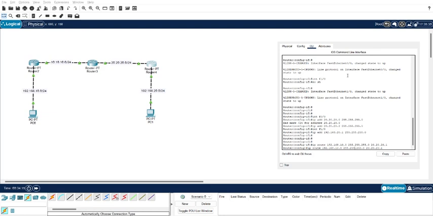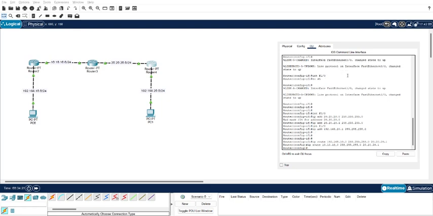And after that we're going to route the gateway 0.0. Yeah, okay, done, to the ISP router.